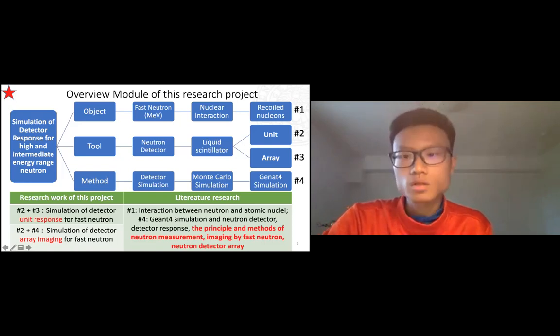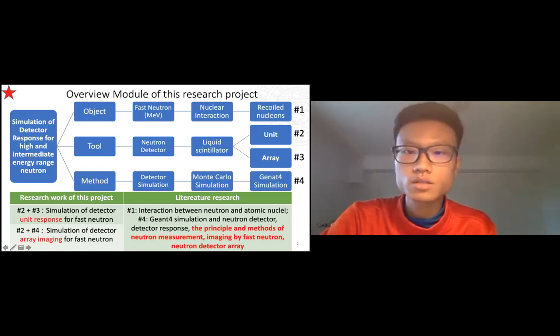For our detection, it depends on this recoil nucleus that we detect the neutron in the detector. The neutron detector is the liquid scintillator here too. Then we simulate the unit and array. The method would be Monte Carlo simulation, and we use the Geant4 package developed by CERN to study this project.